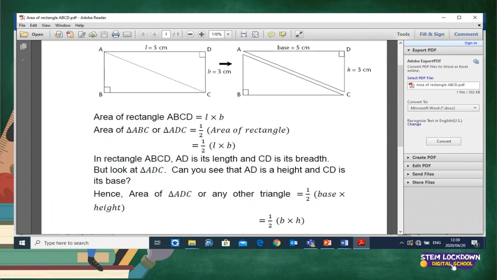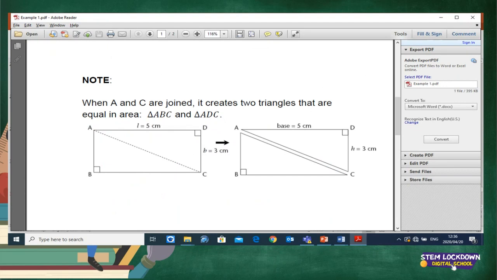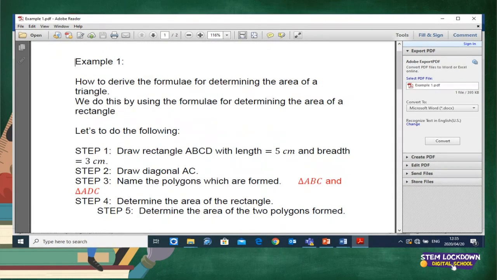We've followed about 4 steps. The first step is that you draw the rectangle. And thereafter, you have the length, which is 5 centimeters, and the breadth, which is 3 centimeters. And thereafter, you draw the diagonal.